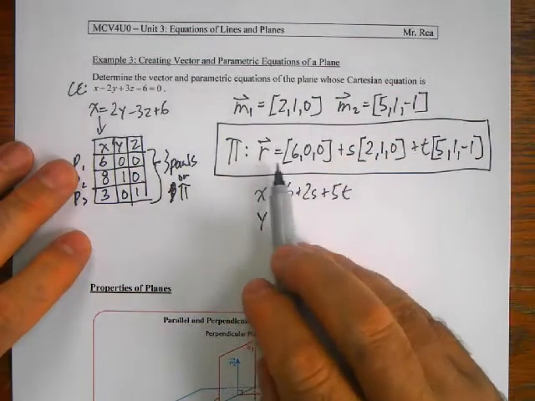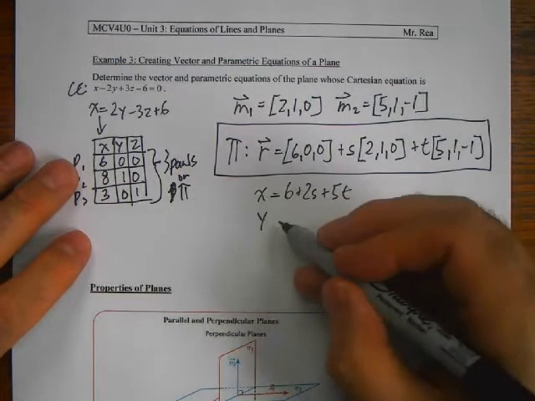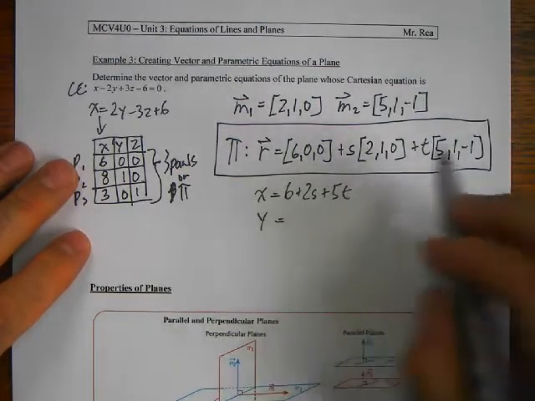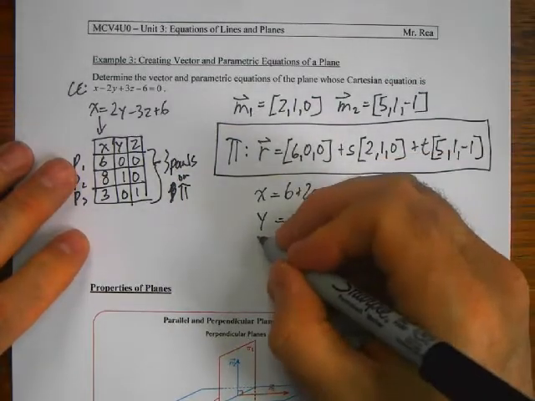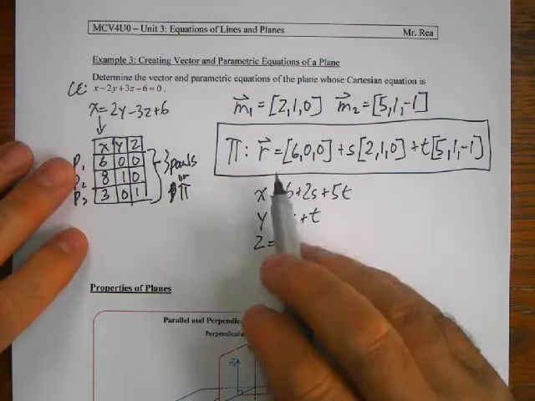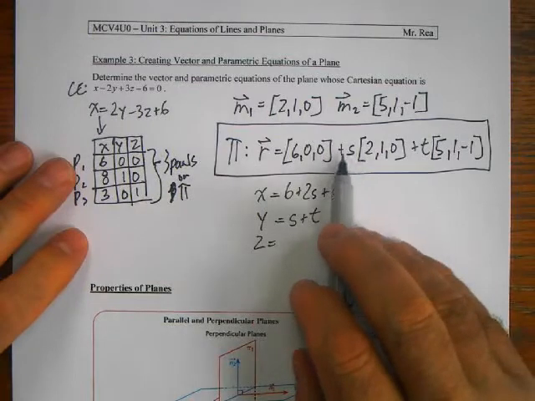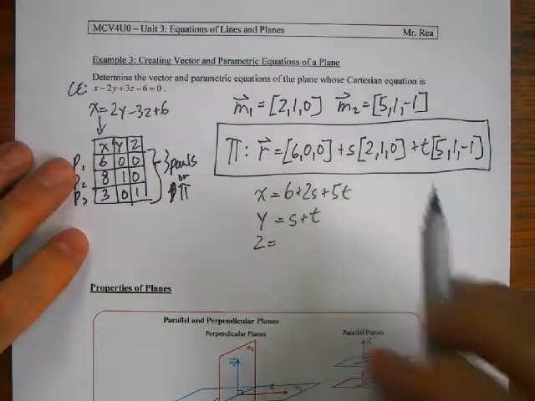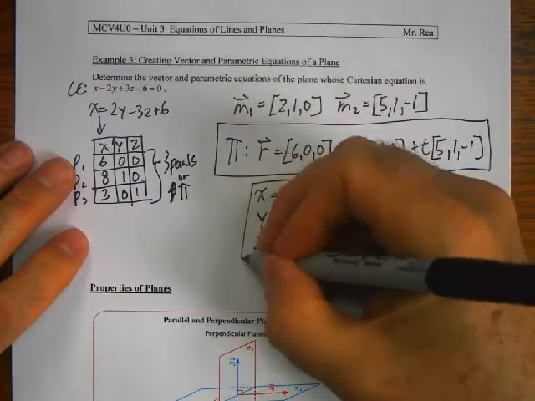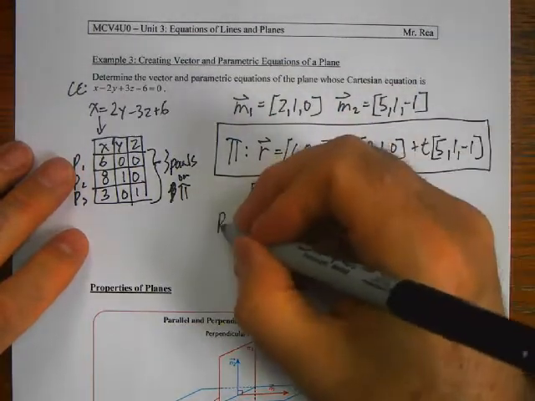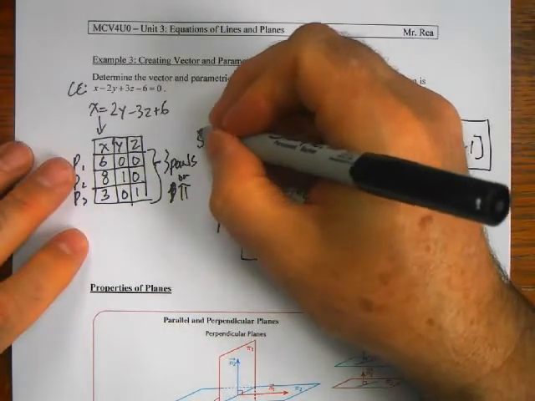The Y component would be 0 plus S plus T, and we don't even have to write the 0, so it's just S plus T. And then the Z value will be, again, 0 here, so we don't have to write it, 0S, and then negative T, so Z is just equal to negative T. So those are the parametric equations, and there's the vector equation.